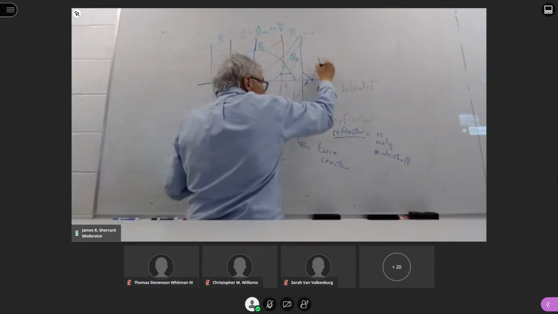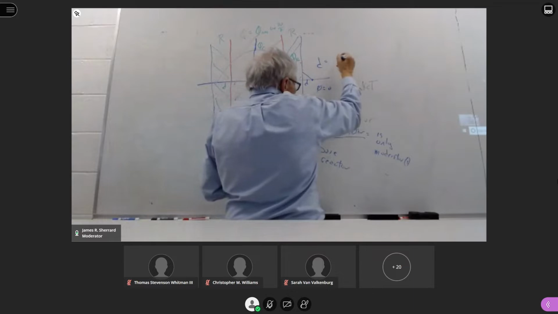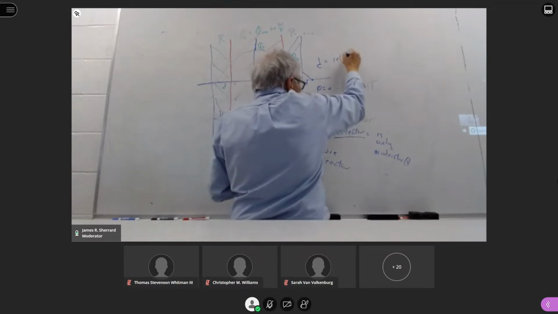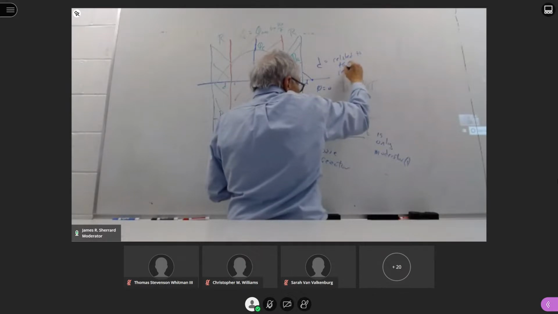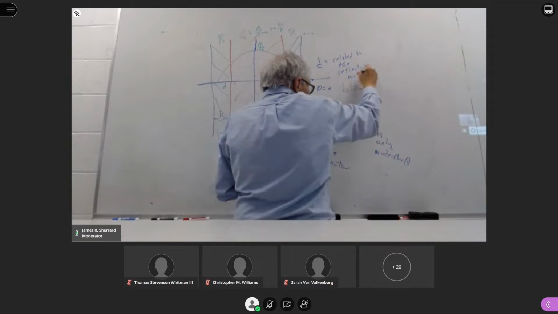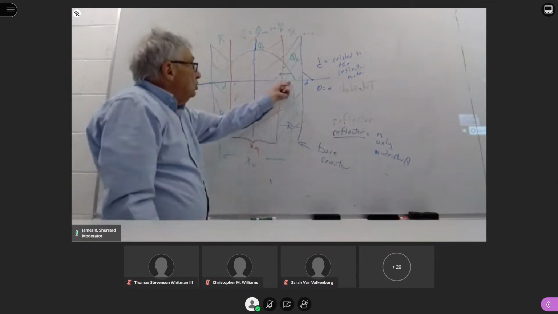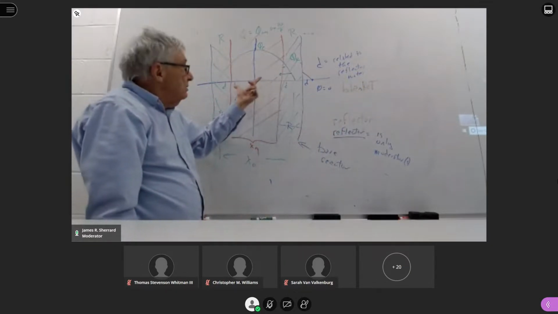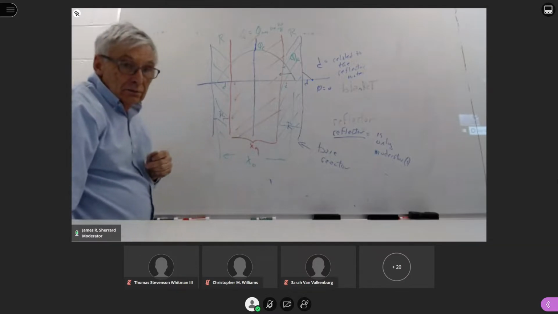This little d is related to the reflector material. It is not the little d that you got back from looking at this core.